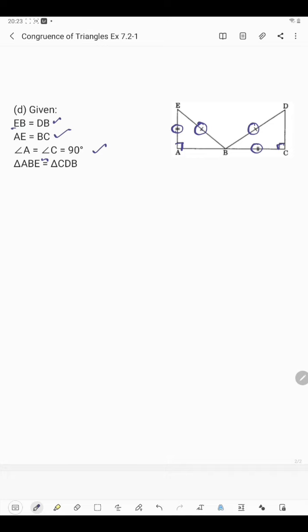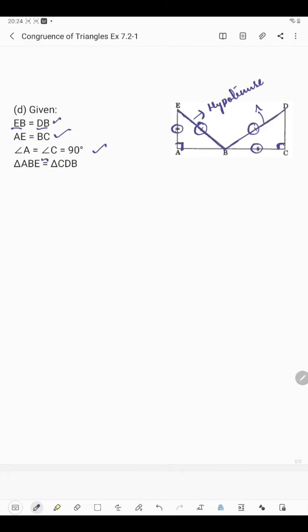Now this EB is the longest side of the right angle triangle because it is opposite the 90 degree angle, so this is called the hypotenuse. Similarly in triangle CDB, DB is also the hypotenuse because this is the longest side, opposite the 90 degree angle.